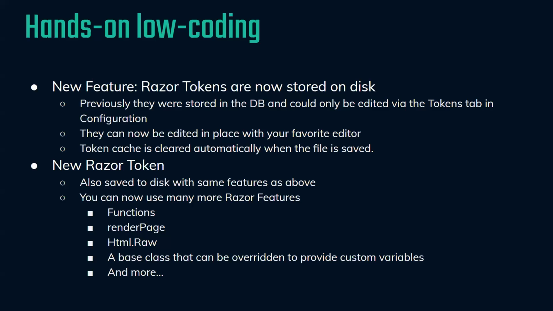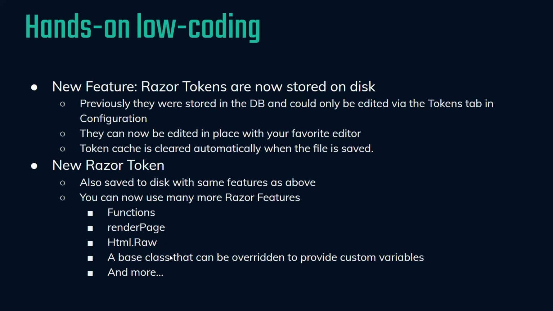As well, we have new options that you can use in your scripts. Like you can now take advantage of creating functions within a script, rendering another CSHTML file, and putting HTML into HTML.raw, which can improve security of the token, so that you can have a variable that you've created ahead of time, and then put it into HTML.raw to render the HTML of that variable.